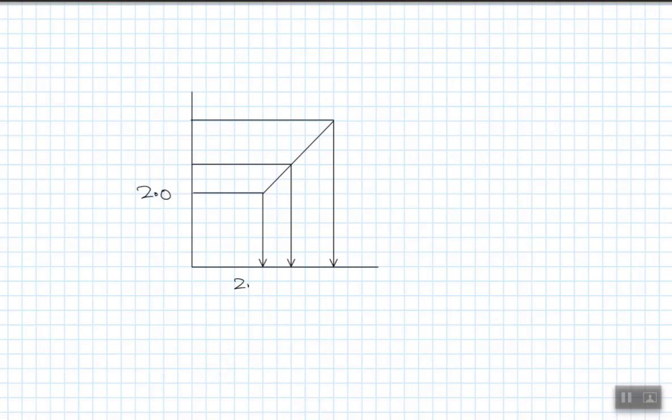At a value of 2.1, we have 214.9. And we are interested in a value of 2.04. That is the value of temperature we need to find out.